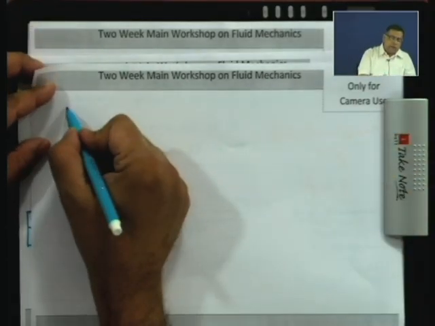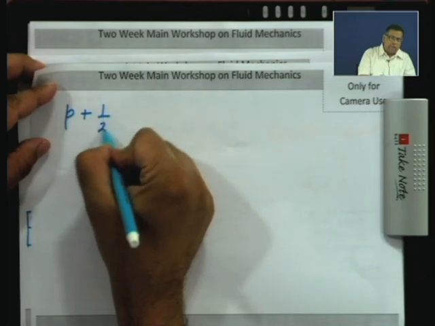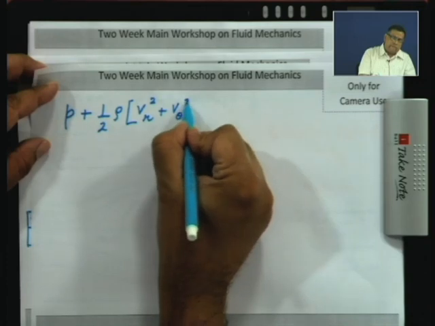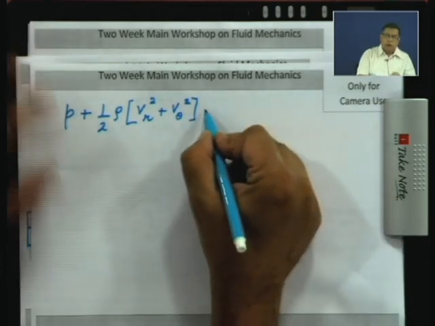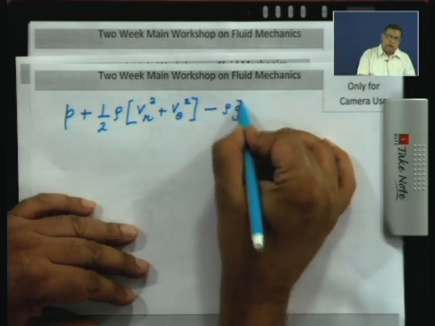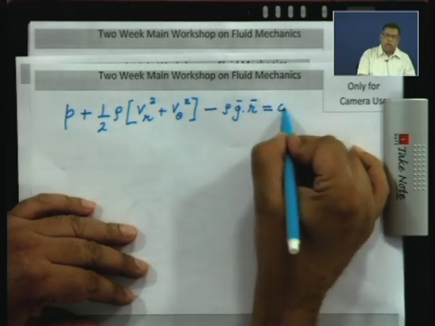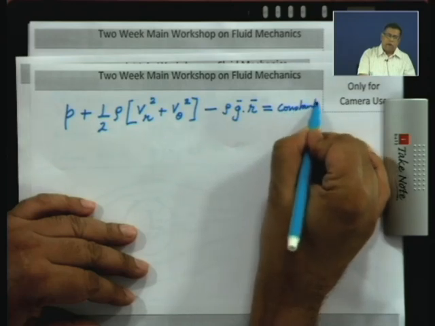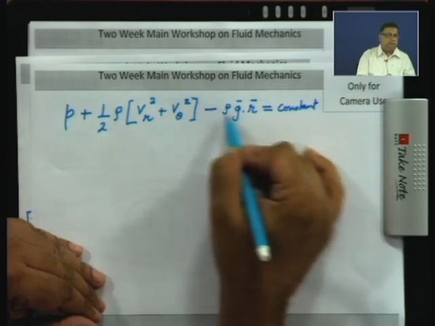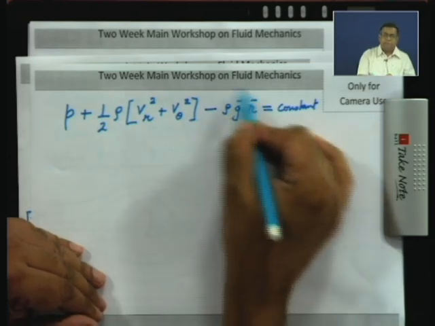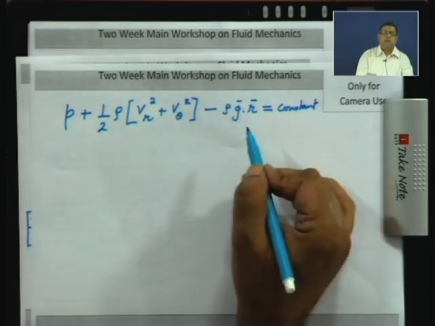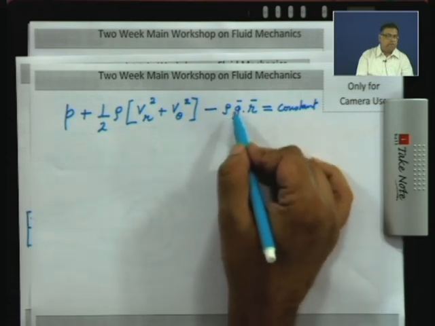So, you are going to have in general P plus half rho V square, I can write as V r square plus V theta square. And here you can write minus rho g dot r, as the body force is a constant, or you can combine this small p and this minus rho g dot r and call it the piezometric pressure. In many cases this may be negligible, so you may not be interested in this, or you may be applying this equation between 2 points on a horizontal streamline. So, the change in potential energy may be 0.